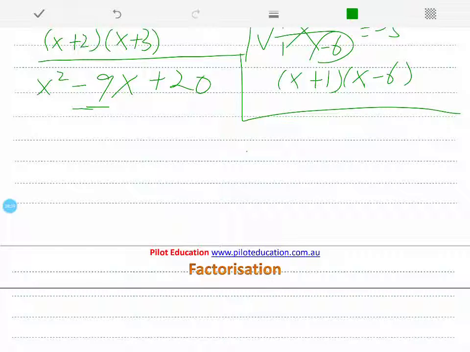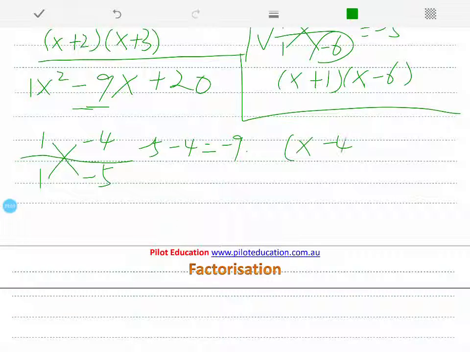So 1 times 1 for this one, and 2 negative numbers. Now this time I just give the right combination. It must be negative 4 and negative 5, because when you cross times and add them together, it's negative 5 plus negative 4, which is exactly negative 9. So the right solution is, we choose the same row, x minus 4 times x minus 5. Okay?